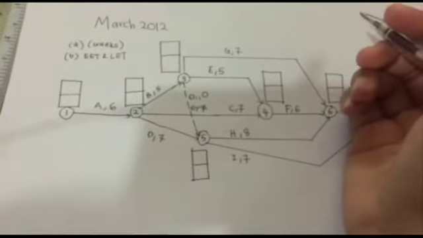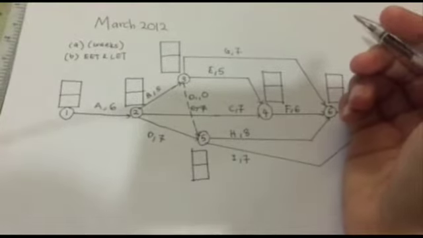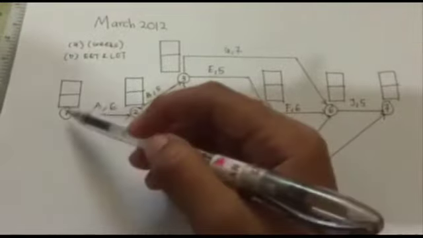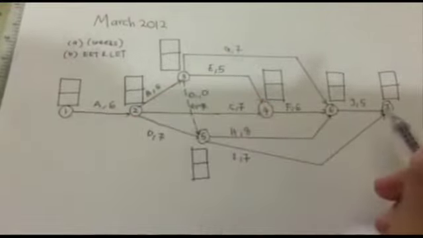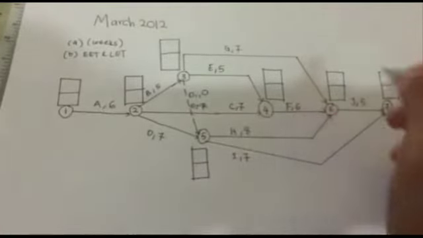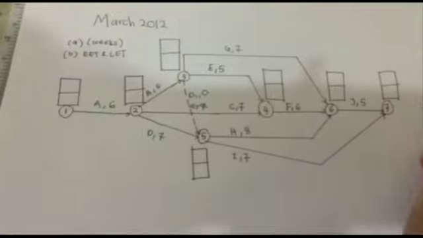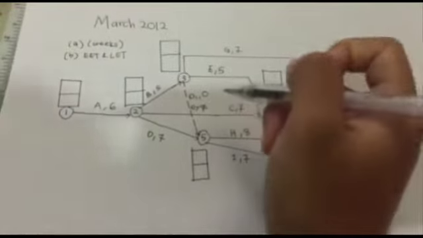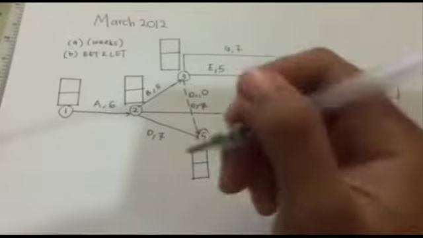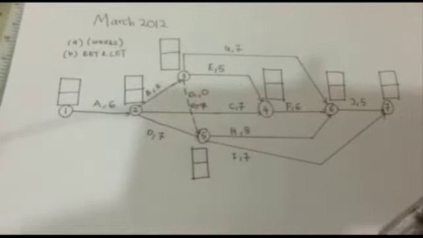For earliest event time, EET, we have to add all the numbers starting from the beginning until the ending, which is 1, 2, 3, 4, 5, 6, 7. So I will start now. For EET, I will use black pen, and for LET I will use blue and red.